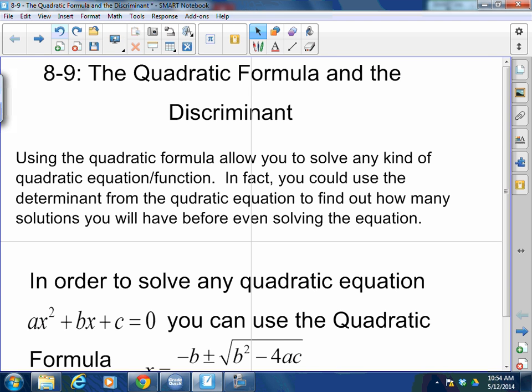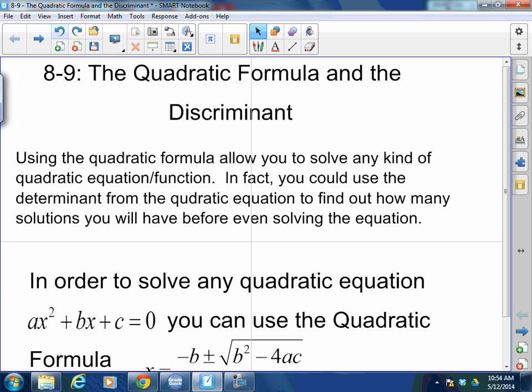It is the most powerful because the beauty of the quadratic formula is that it does not matter what your function looks like. It doesn't matter if you have fractions or decimals, if it's factorable, if it's not factorable, if you can use the square root method or if you can't.